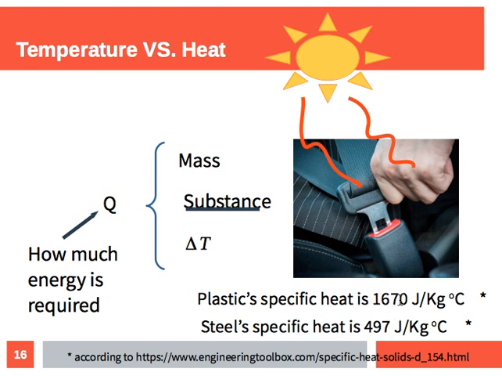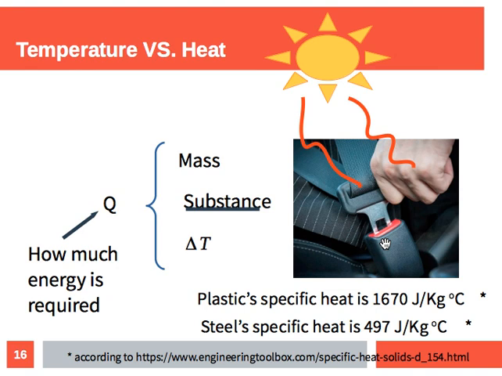So the plastic requires more energy in order to get hotter than what you have on the steel. So the steel is going to increase in temperature faster or more than what you have in the plastic for the same amount of mass.